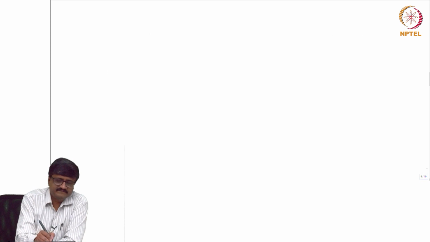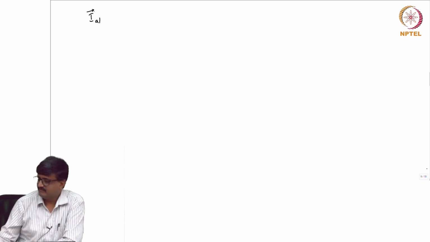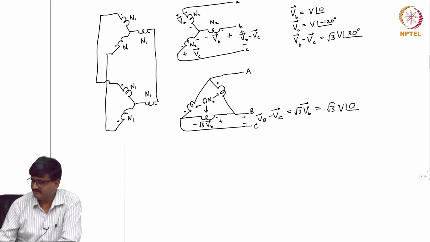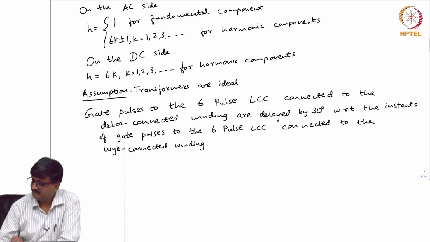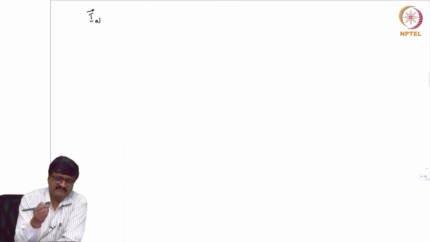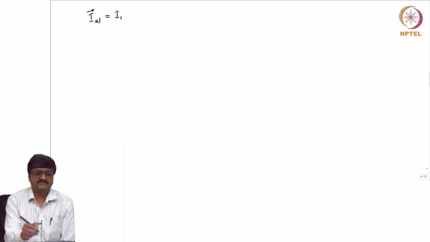If I take IA1, I take a special value of h. Please recall, on the AC side, h can be either 1 or 6k plus minus 1. On the DC side, it is 6k. If h is 1, IA1, suppose I say the magnitude is I1 at an angle 0.